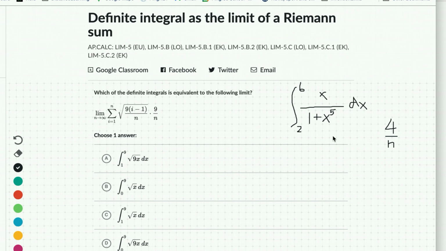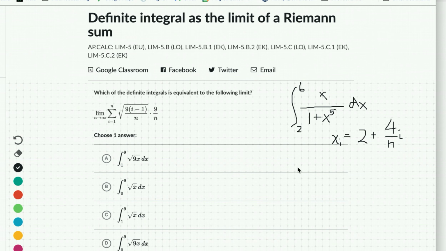So my index value, my sample point here, is x sub i equals my starting point 2 plus this jump each time. As n goes to infinity, those get finer and finer, but that's the math. So think about what that means. If I only had 5 slices, it would be 2 plus 4/5 of our units would be the next slice.